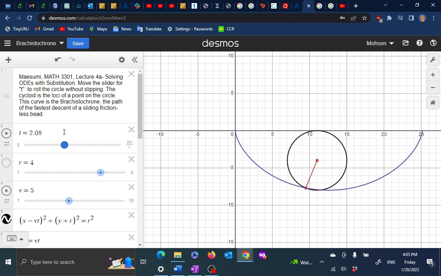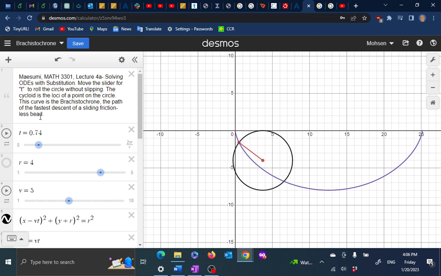For example, if you want to design a slide, this curve comes in there as, in some sense, the most fun slide, meaning it's a slide that takes you from a point to another point in the fastest time.